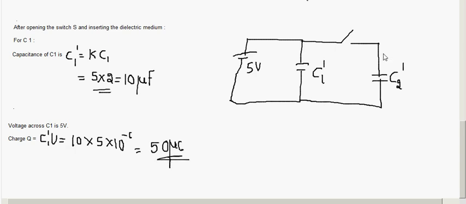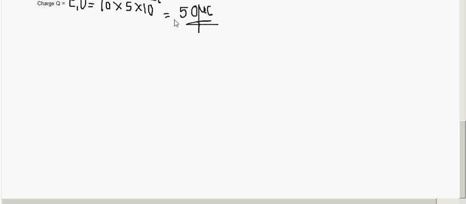Similarly, for C2, the new value of capacitance is K into C2, which is 5 into 2, equal to 10 microfarad. As we said in the note, the total charge remains the same.